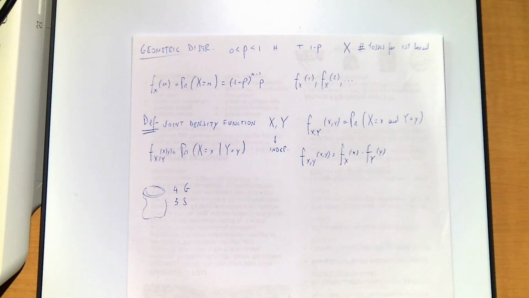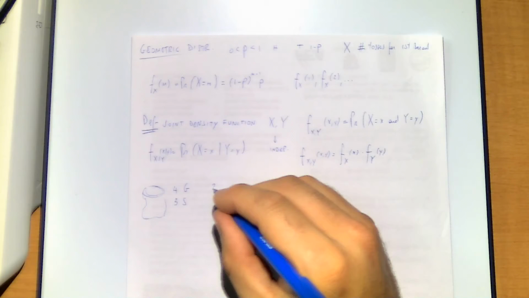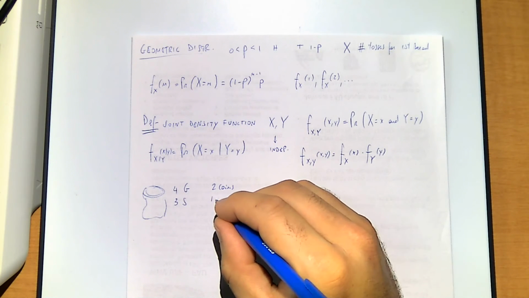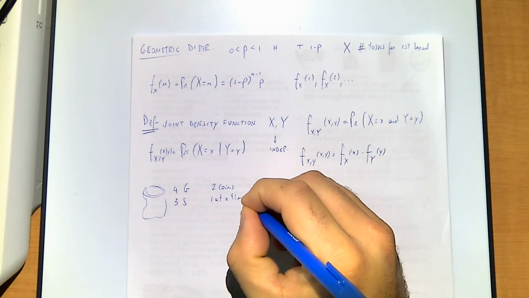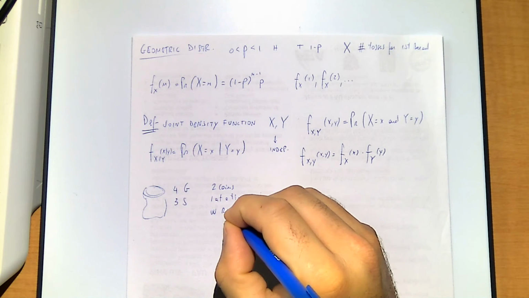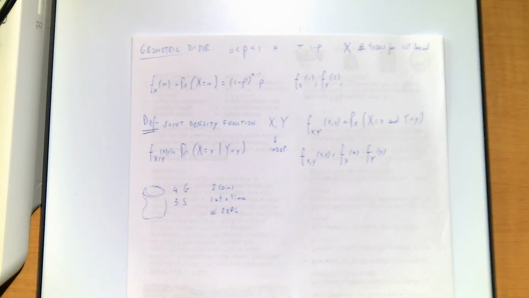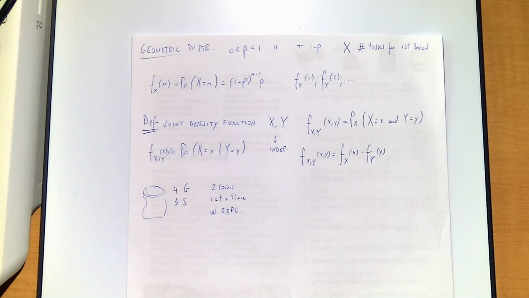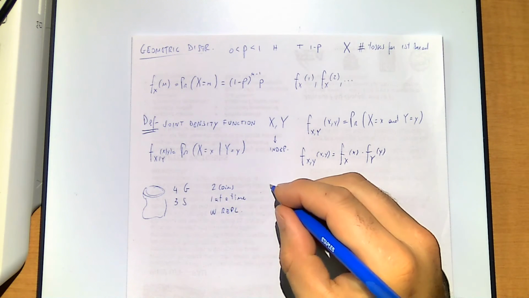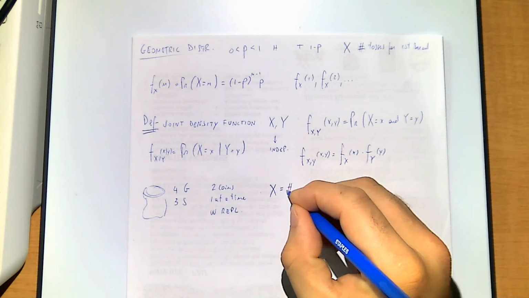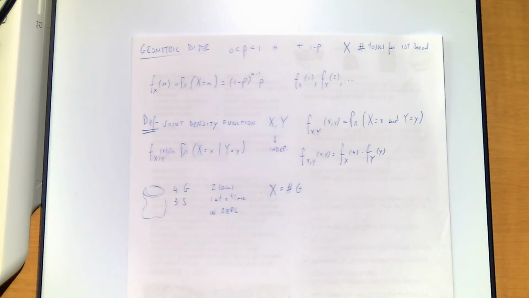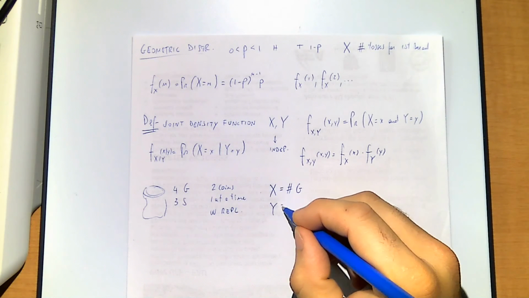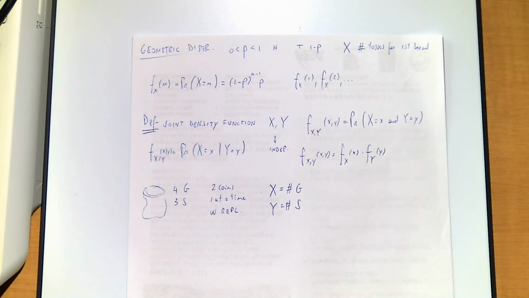So we draw 2 coins, one at a time, with replacement. Now consider x to be the number of gold coins extracted and y to be the number of silver coins extracted.